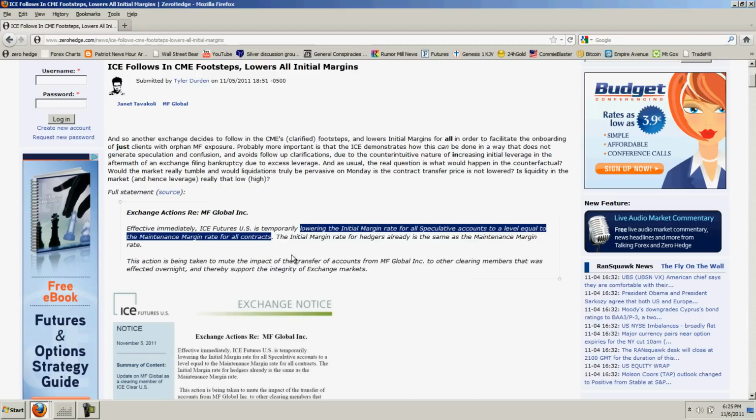So instead of raising the maintenance margin rate up to the initial, they're lowering the initial down to the maintenance, and that will allow all these accounts to be moved to new brokers from the bankrupt MF Global without having a huge cash crunch or run, with especially traders who aren't able to immediately raise that amount of cash and therefore are forced to sell, which would cause tremendous deflationary pressure on all of the futures markets. So that's the story. I hope that clarifies that.